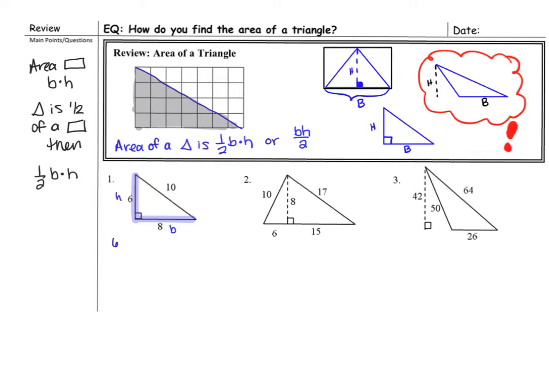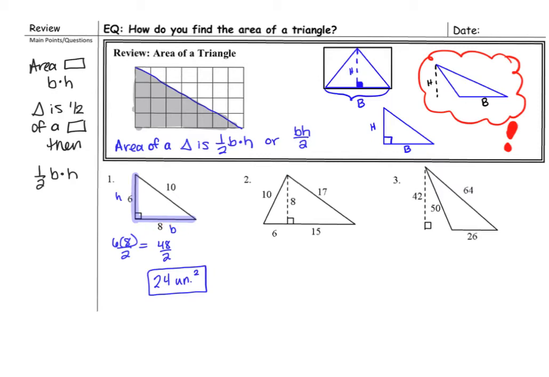So I do 6 times 8 divided by 2. That's 48 divided by 2. So the area of this triangle is 24 units, actually, it's not inches. 24 units squared. And it's units squared because we're multiplying two things together. If it were inches, it would be inches times inches, which would be inches squared.